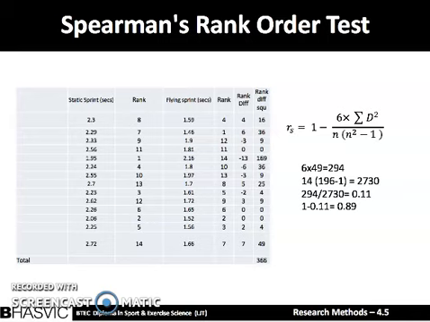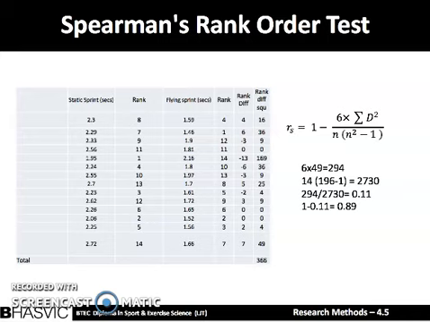So moving on to actually putting the equation and applying it to the table on the left then. You'll start by doing 6 multiplied by 49. This is because it's always going to be 6 multiplied by the sum of difference squared, and the sum of difference squared was 49. So 6 times 49 was 294.